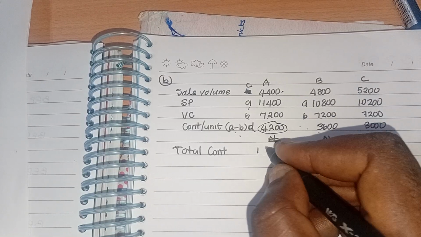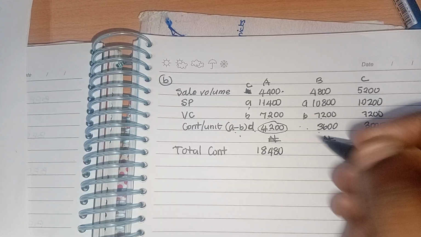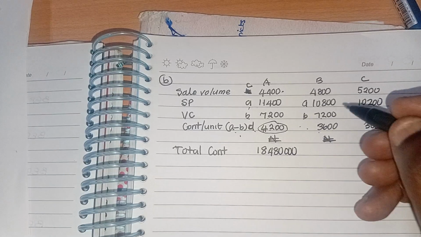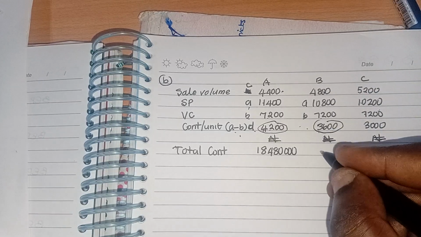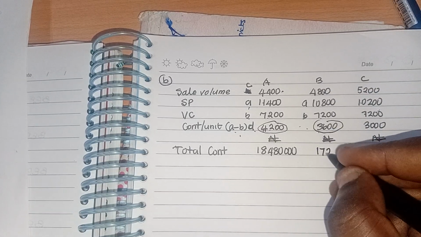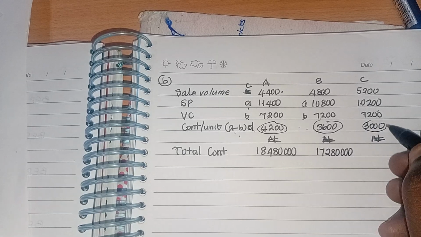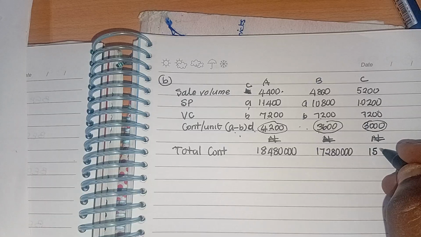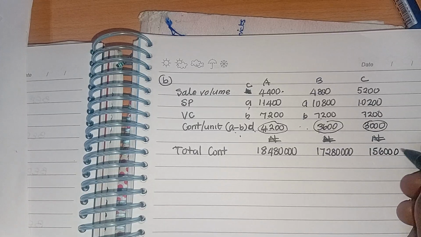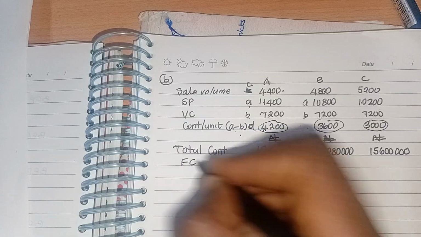Multiplying it, we have 18,480,000. The contribution multiplied by the sales volume, what do you have? 17,280,000. The contribution multiplied by the sales volume, what do you have? 15,600,000.